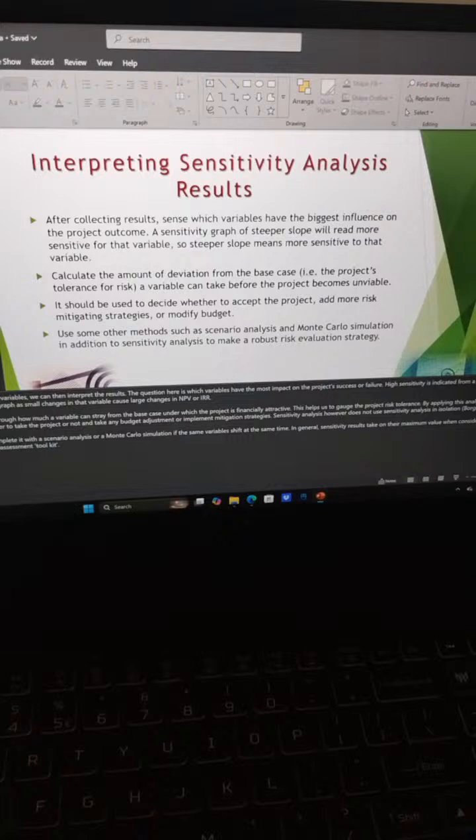Like I said, projects will either succeed or fail, right? Different variables will have different outcomes that are going to affect the overall project. It shows how much a variable can change before the project becomes unviable, right? That basically it's going to fail. So it should be used to decide whether to accept the project, add more risk mitigation strategies, or modify the budget, right?